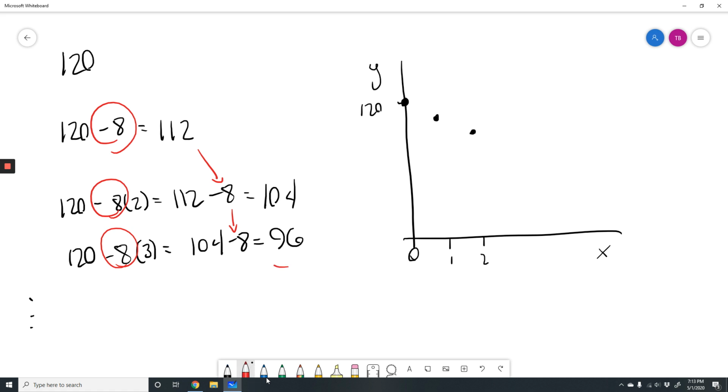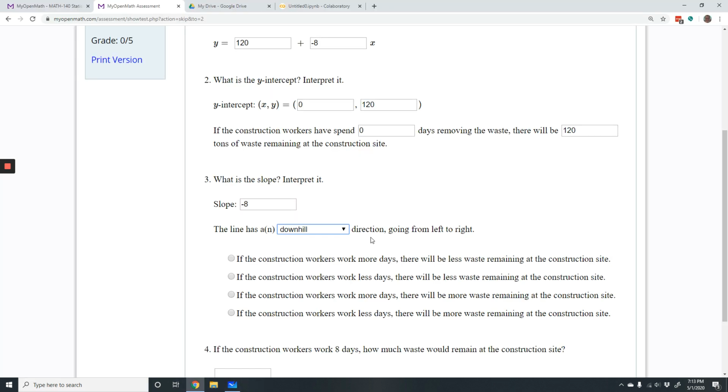After 3 days, we're down to 96. And so you can see we have this downhill trajectory. That's always the case when we have a negative slope. Negative slope means you go downhill, left to right.